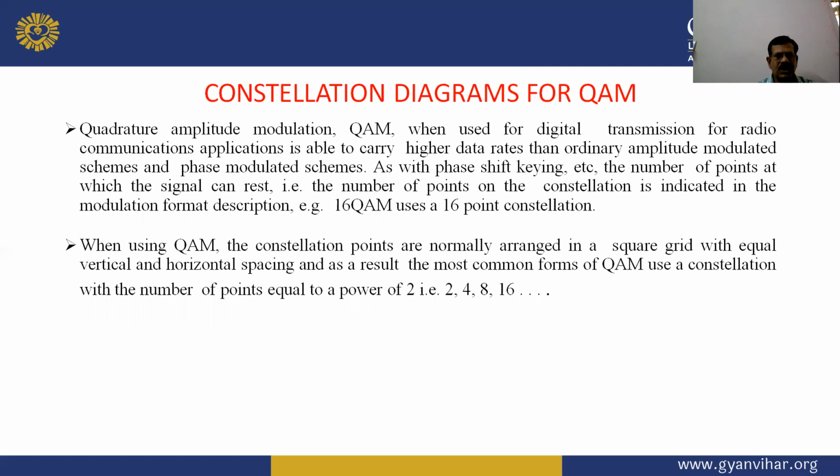When using QAM, the constellation points are normally arranged in a square grid with equal vertical and horizontal spacing, and as a result, the most common form of QAM uses a constellation with the number of points equal to a power of 2, or just 2, 4, 8 and 16.